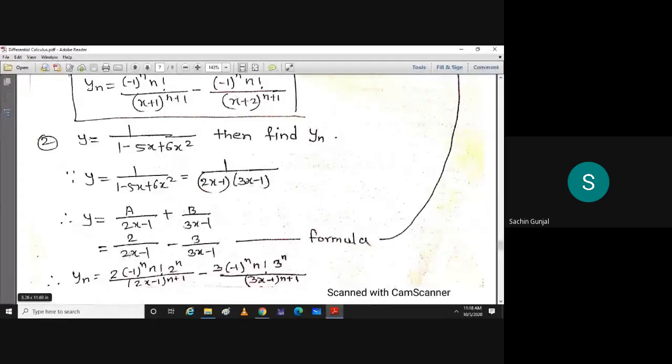So 2 raised to n into n factorial into minus 1 raised to n upon 2x minus 1 raised to n plus 1, minus 3 as it is because it is in multiplication, then minus 1 raised to n into n factorial, a raised to n where a is 3, so 3 raised to n upon 3x minus 1 raised to n plus 1.